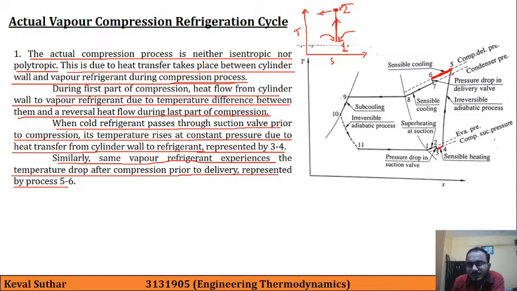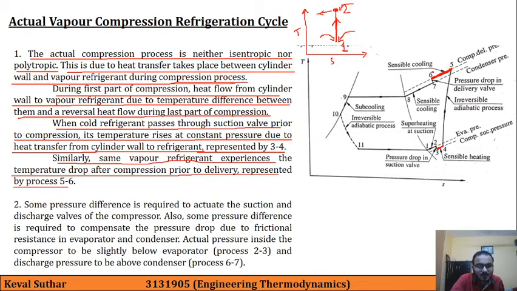So here this is happening because the temperature of the refrigerant is higher than the surrounding, and near the delivery the heat will be rejected to the surrounding. So we have discussed point 3 to 4 and point 5 to 6.